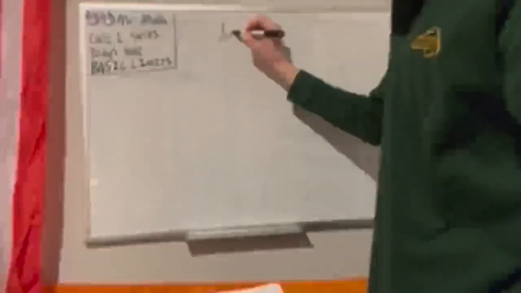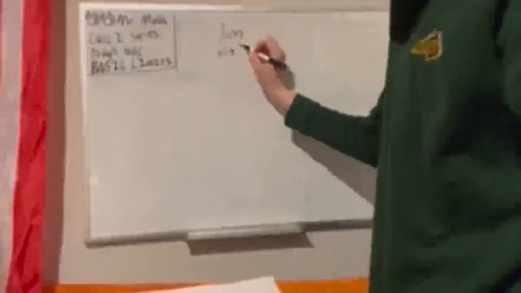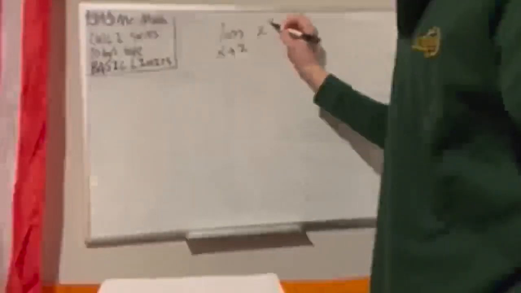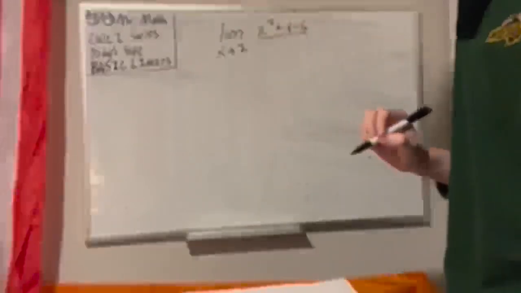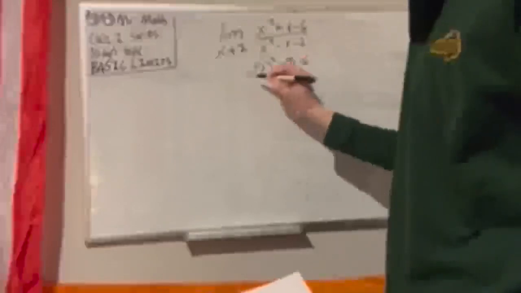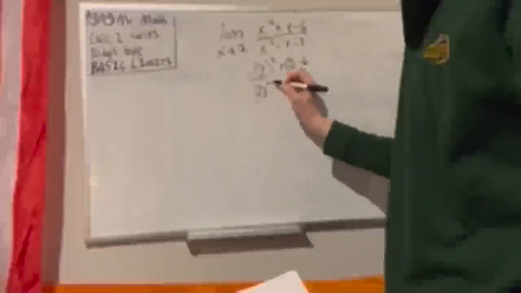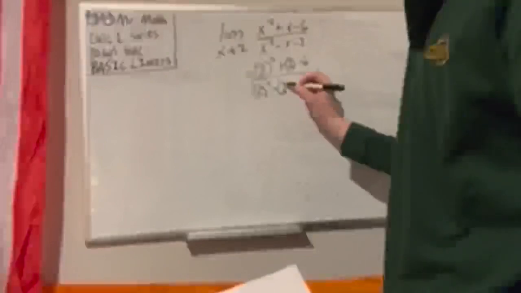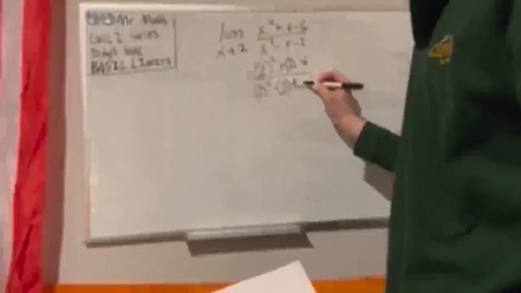What we have now is the limit as x approaches 2 of x squared plus x minus 6 all over x squared minus x minus 2. So you might say, oh, why don't we just plug in 2 like in the last few problems? Well, let's give that a shot. If we do that, we're left with 2 squared plus 2 minus 6 all over 2 squared minus 2 minus 2.